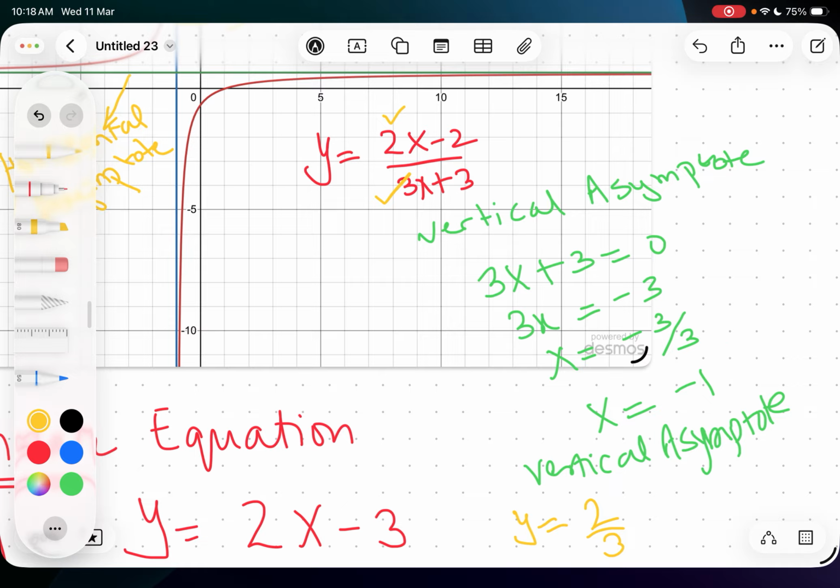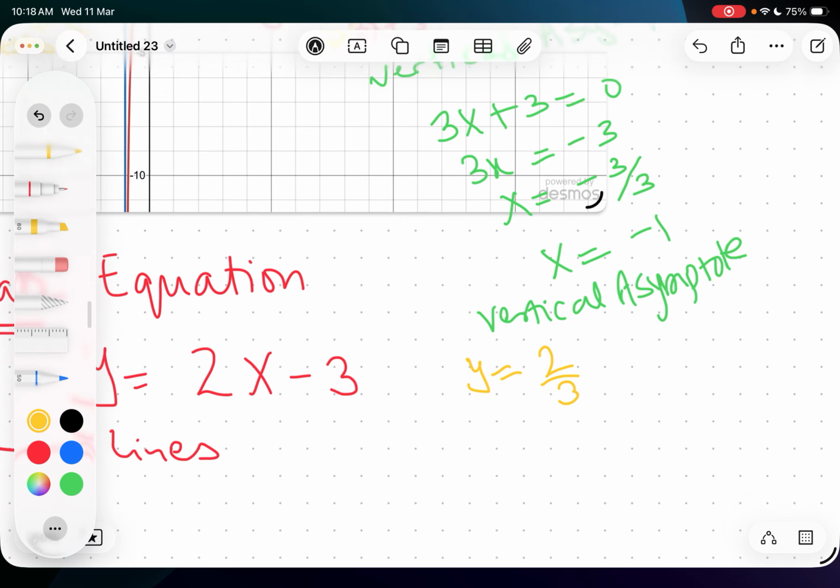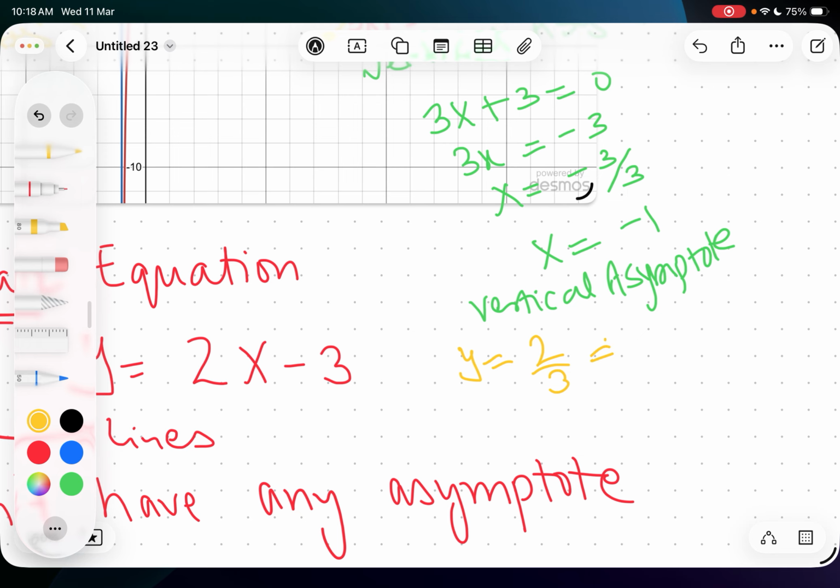I'm repeating it: the horizontal asymptote is basically the fraction of the leading coefficients. The leading coefficient in the numerator is 2, and the leading coefficient in the denominator is 3. So the fraction is y is equal to 2 by 3. That will be the equation of the horizontal asymptote.